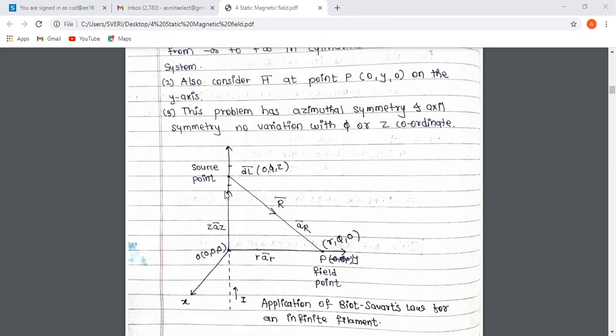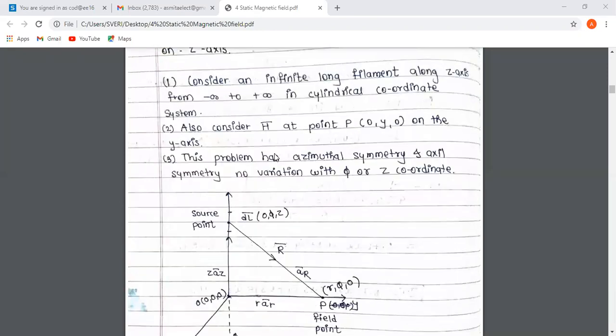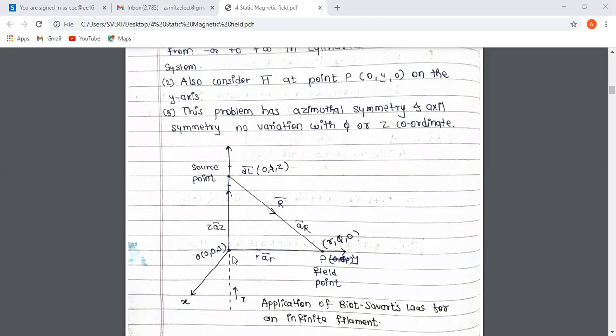Now as this filament is placed on z-axis, the coordinates of this dl bar will be, actually we are considering here the cylindrical coordinate system. And for cylindrical, the coordinates are r, phi and z. And we are considering point P on this y-axis.